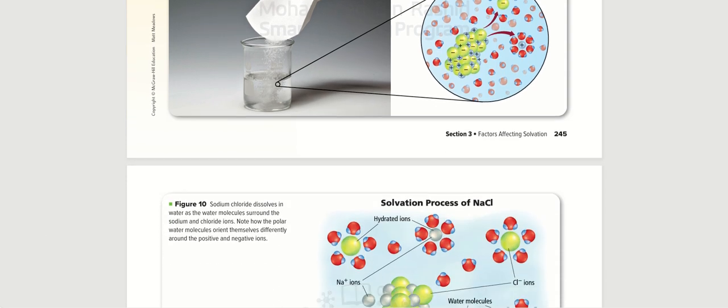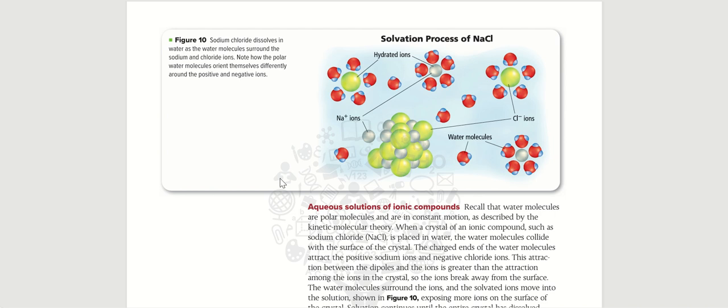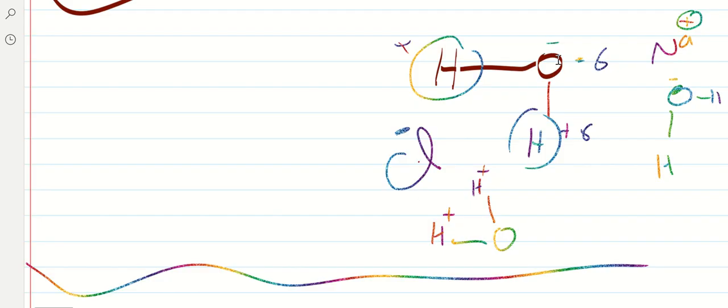Okay? This is how they dissolve, and this is how they distribute, because H2O, we know the oxygen has high electronegativity, so it will be partially negative, and hydrogen will be partially positive. So they are going to arrange surrounding chlorine, which is negative, like this.